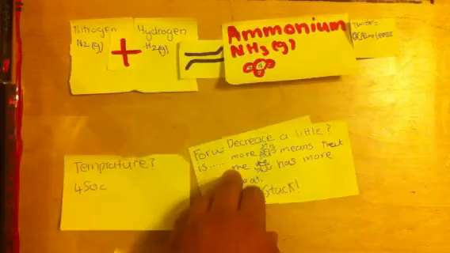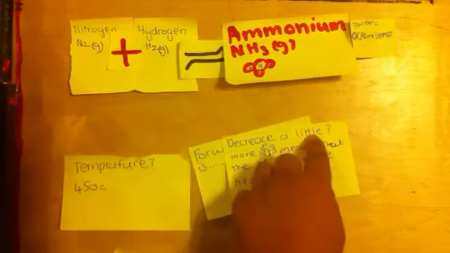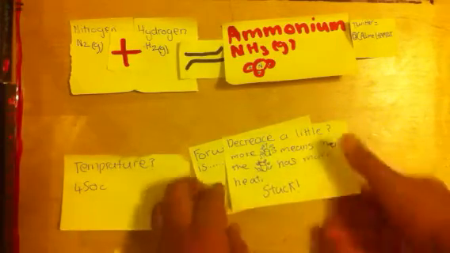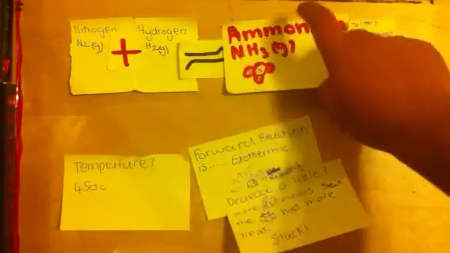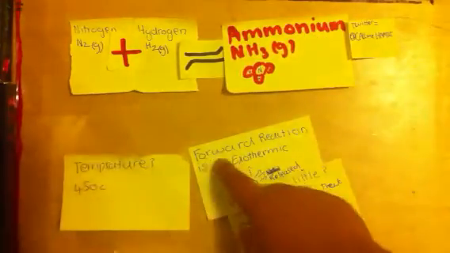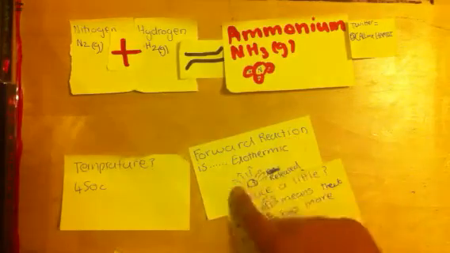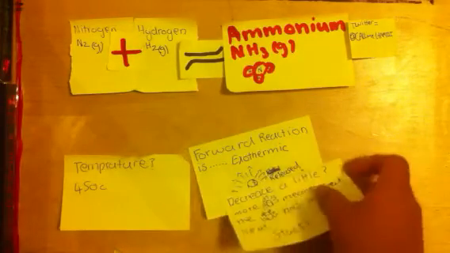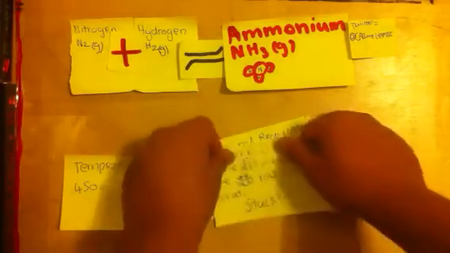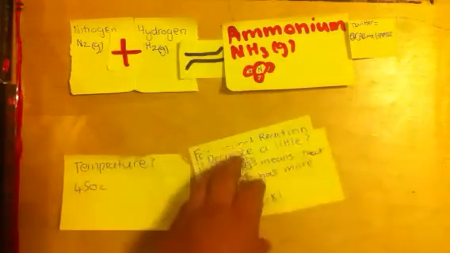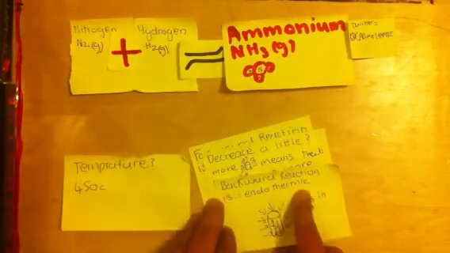So why won't we decrease the temperature a little? The reason is, if we decrease the temperature a little, more of the forward reaction will be made. Yes, that's right, more ammonium will be made. But if you remember, the reaction is exothermic, which means it releases heat. So if it releases heat into the surroundings, that means there is more heat for the endothermic reaction to take in.